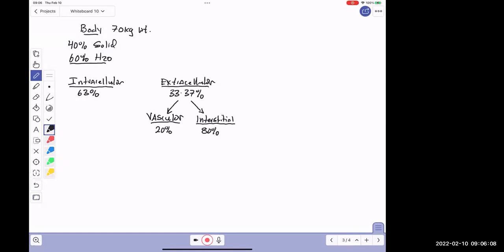So let's figure out by volume what we're dealing with. If I take that generic 70 kilogram patient, I can actually figure out total body water, right? When talking about water, remember 1 liter of water equals 1 kilogram. So if I take that 70 kilogram patient, I can multiply that by 0.6.